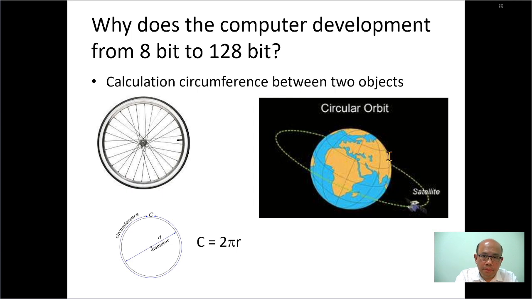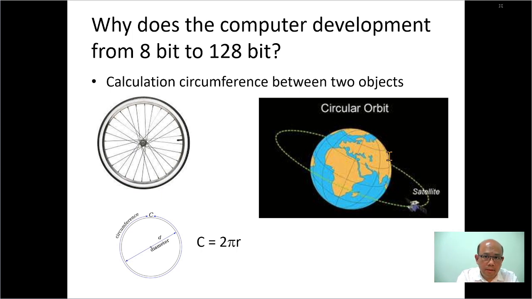And maybe some students have a question: why do we build or invent computers with more bits, and what is the importance of 8-bit versus 128 bits?